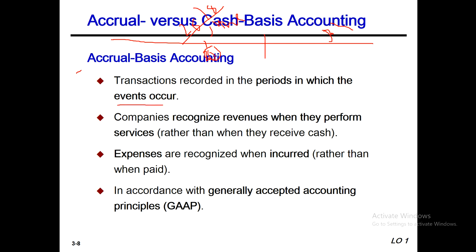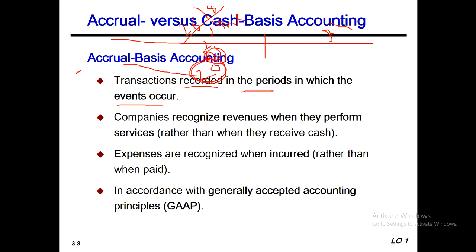The transaction occurred on June 20, so we must record it in this period. This is the accrual basis of accounting.